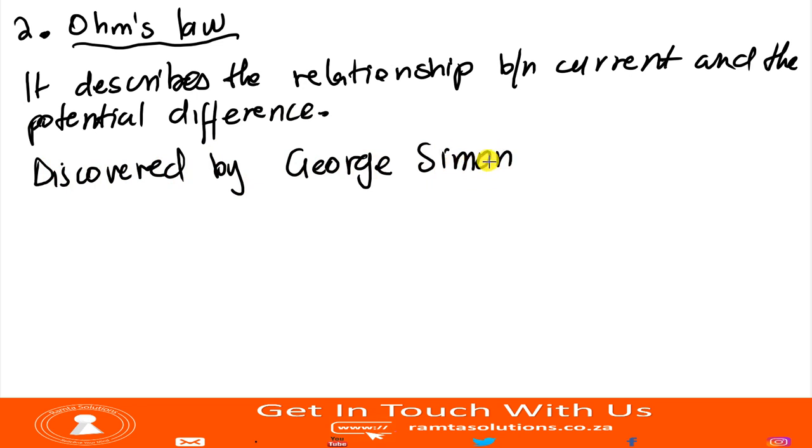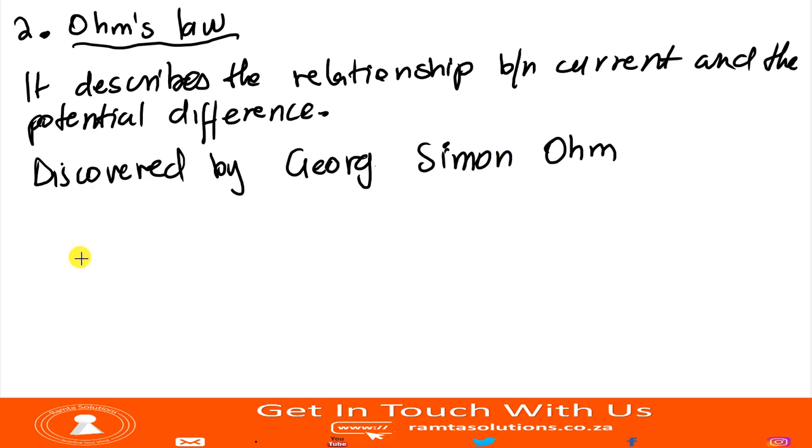But because he's German, we shouldn't say Simon, we should say Simon, eh? So George without an E. Sorry, Mr. George. It was discovered by George without an E, Simon Ohm. Mr. George Simon Ohm is the one that discovered the relationship between current and the potential difference.